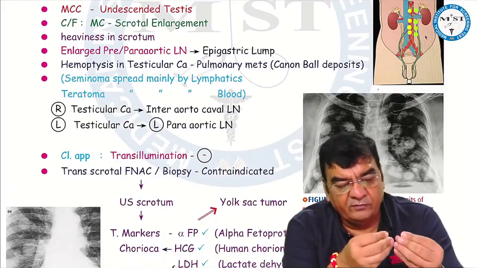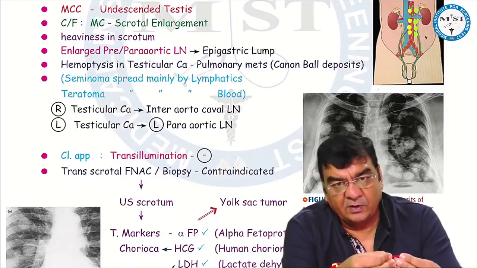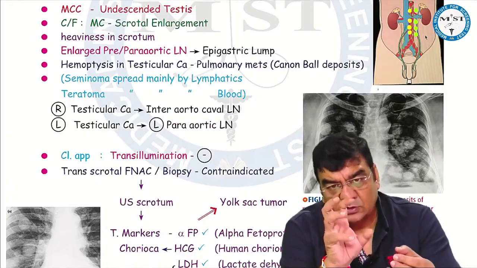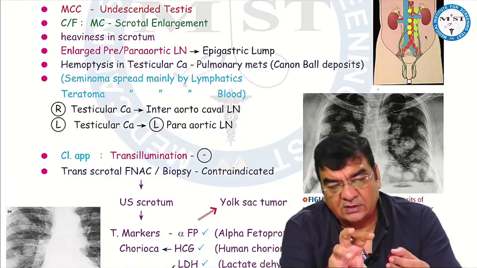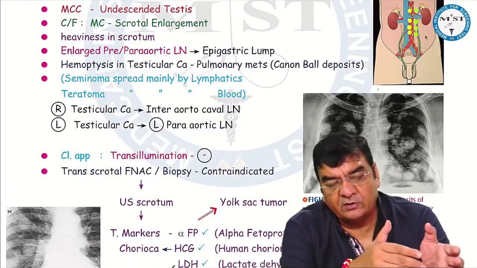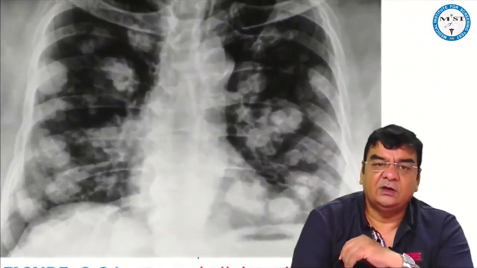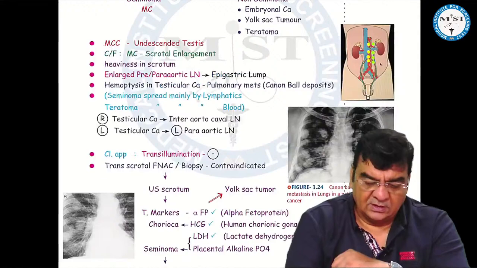Ultimately, the venous blood is coming by the superior or inferior vena cava into the right atrium, so cancer cells will be coming into the heart, but because the heart is constantly beating, cancer cells will not be able to stay in the heart. They'll go through the pulmonary artery into the lungs. That is why lung metastases are very common in various cancers, and we can see them as cannonball deposits.